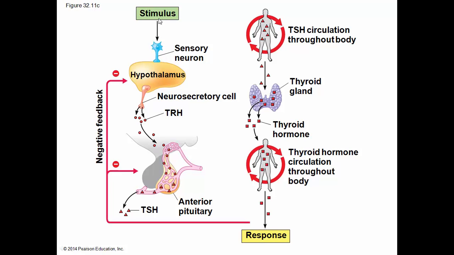Thyroid hormone levels drop below the normal range. The hypothalamus secretes thyrotropin releasing hormone into the blood, through the portal vessels, which carry the thyrotropin releasing hormone into the anterior pituitary.